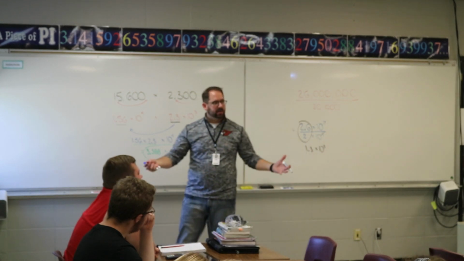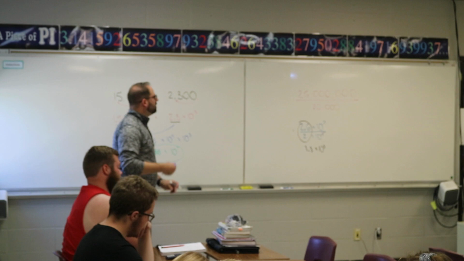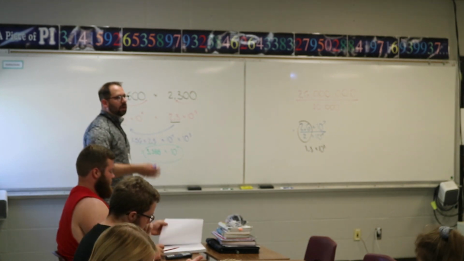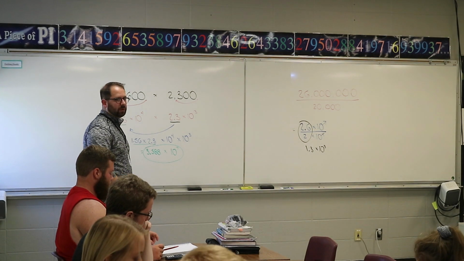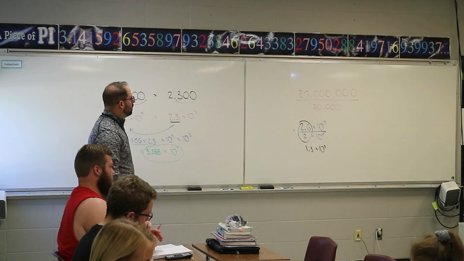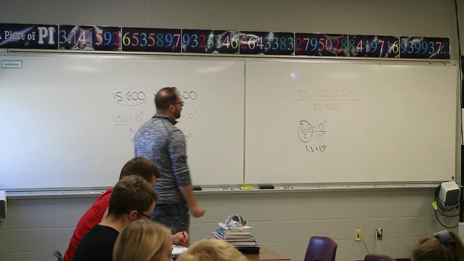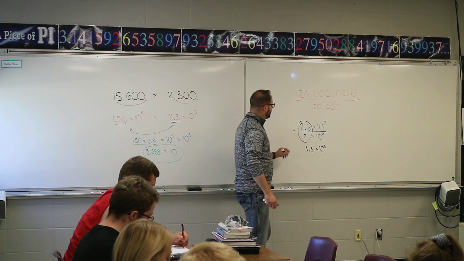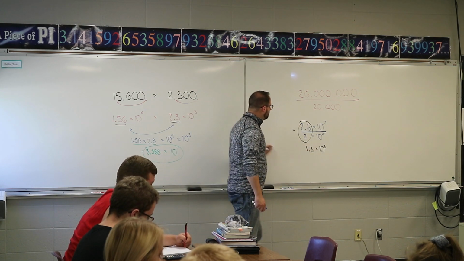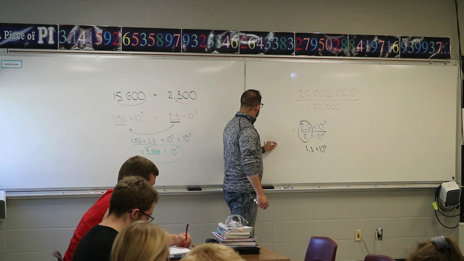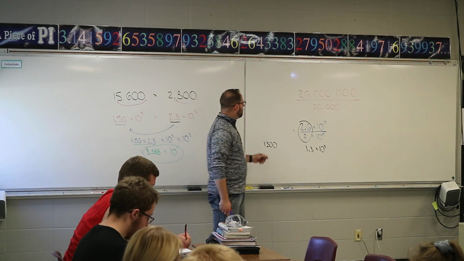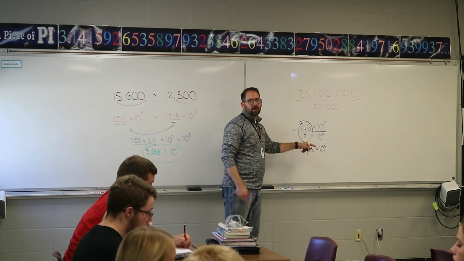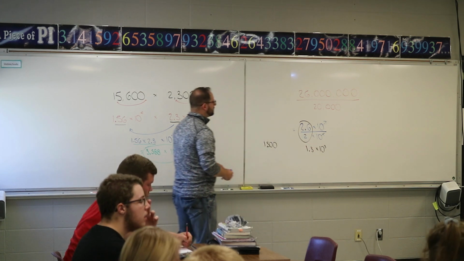It's 1.3, that's your answer. You move on to the next one. Dividing really big numbers in your head is actually easy if you change it to scientific notation. The real answer here is I would actually have to move my decimal back 3 spots. 1,300. That's the real answer that a calculator would tell you, but we can do it pretty quickly by hand if you just change to scientific notation.